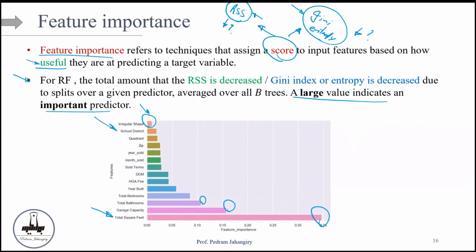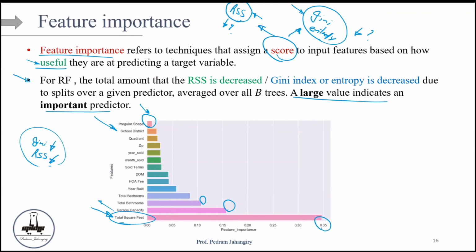If you want to think of an example, imagine we have thousands of trees, and total square feet is going to show up thousands of times among those trees, at each split. At each split, we record how much the Gini or RSS is reduced. Then we add up all those numbers for the entire model and report that number, for example, 0.35.